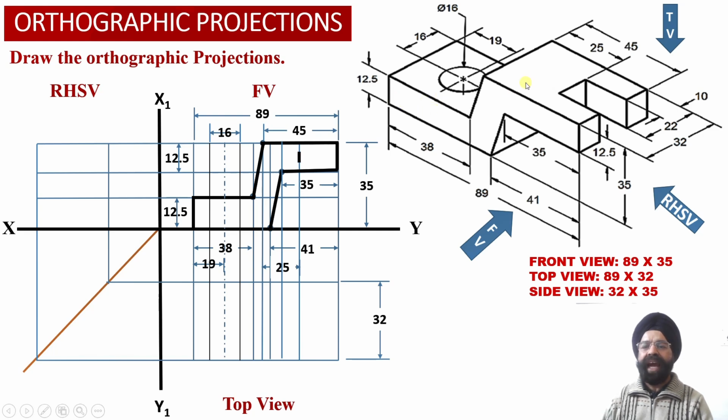Now we also know that there is a rectangular slot which has been cut into the top surface horizontal web, and this slot has the dimensions: width equal to 20 millimeter, height equal to 12.5 millimeter.